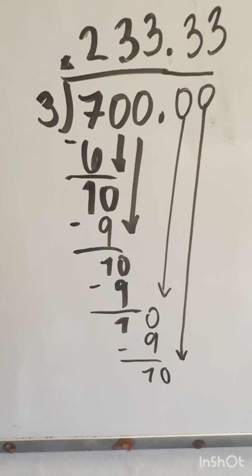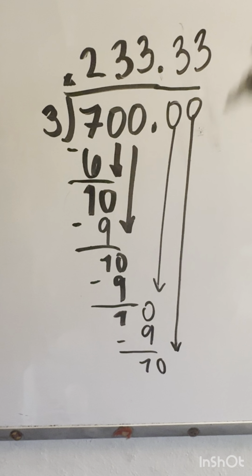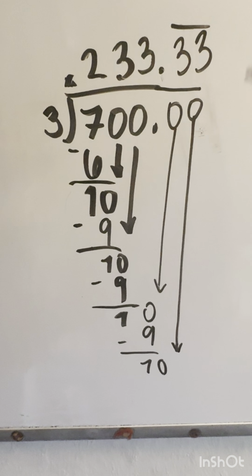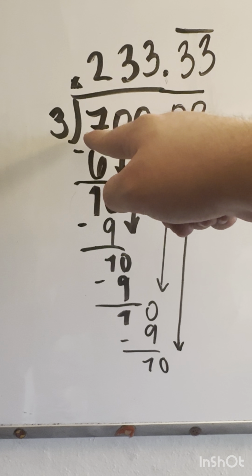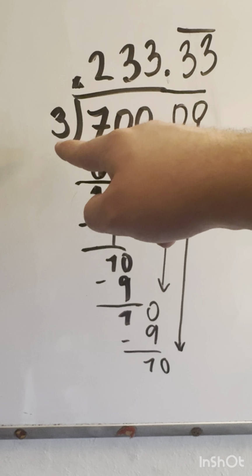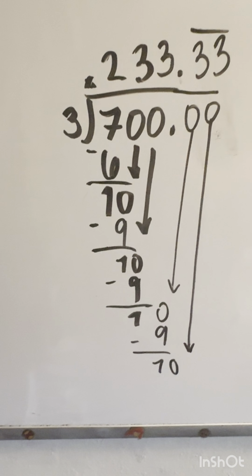Okay, so if you decide to make a decimal, and it's a repeating decimal, you could just put a bar over it. So we could say that 700 divided by 3 is 233.33, repeated.